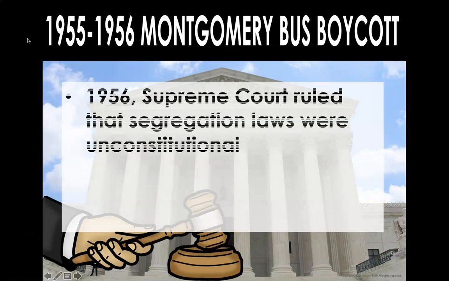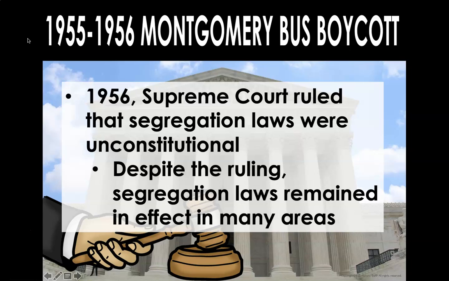So this goes all the way to the Supreme Court. In 1956, the Supreme Court ruled that segregation laws were unconstitutional. However, despite the ruling, segregation laws remained in effect in many areas, because, as I said, the executive branch is in charge of enforcing the rulings of the Supreme Court.